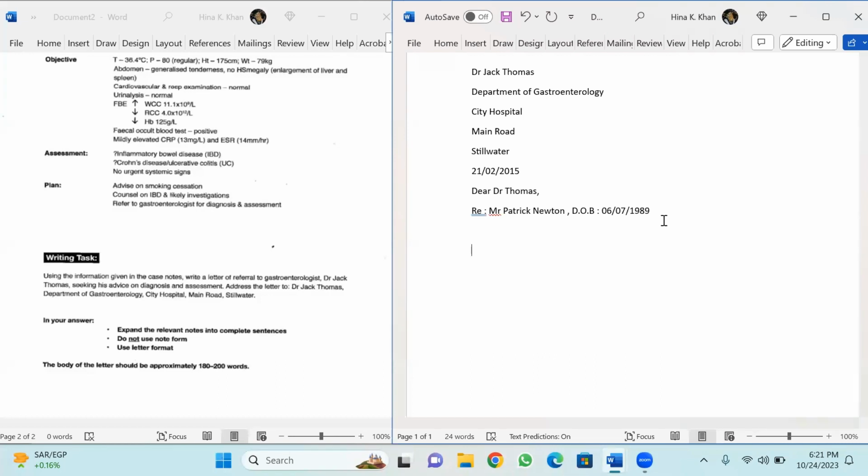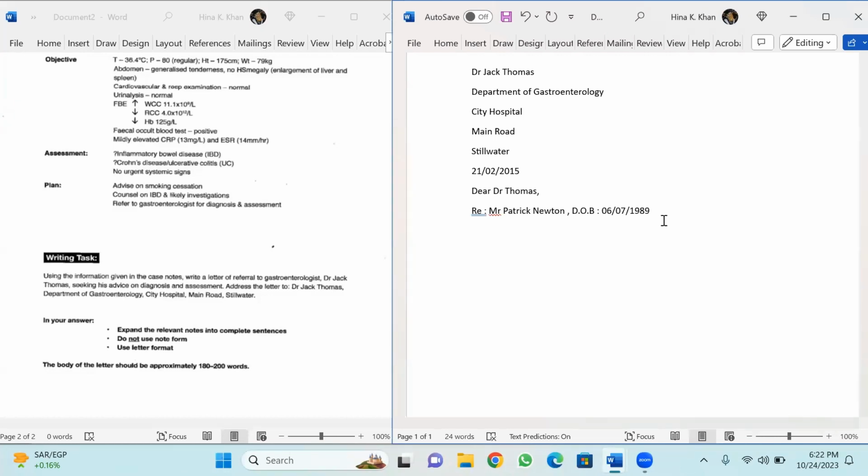In the introduction you will write who you are referring or discharging, the disease or condition the patient is suffering from, and then why you are discharging or why you are referring.